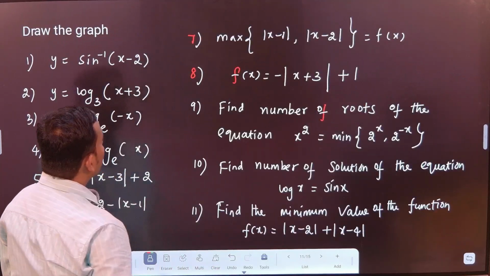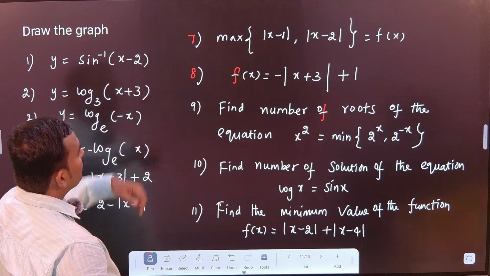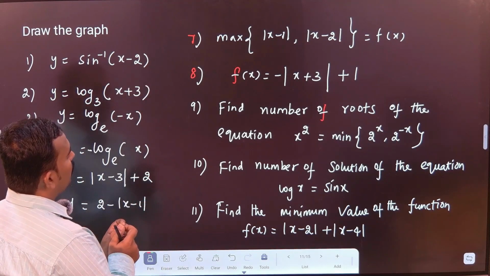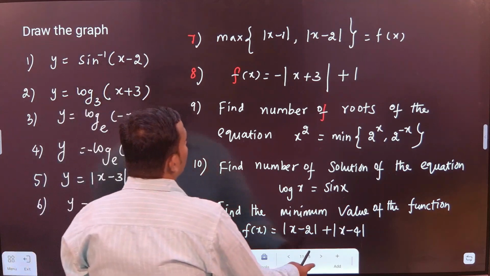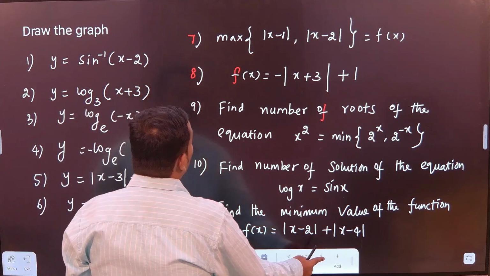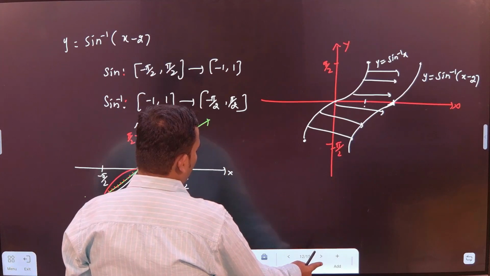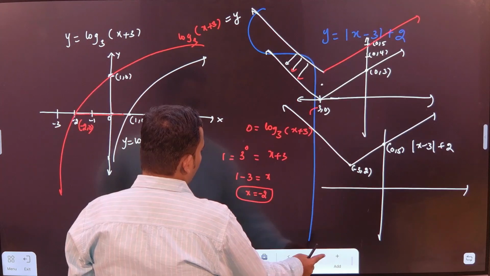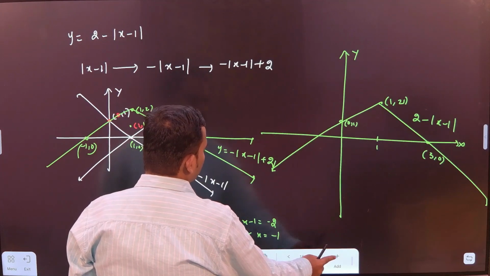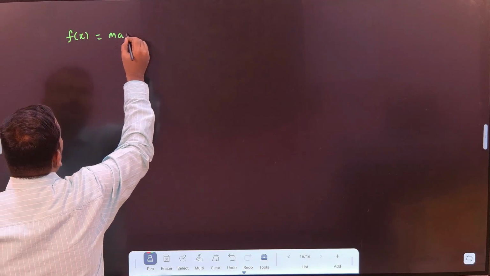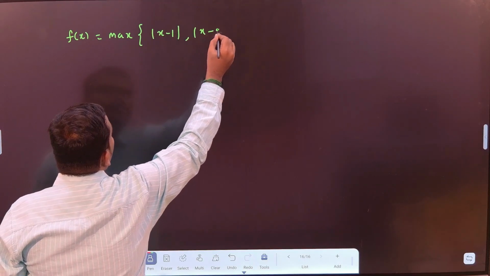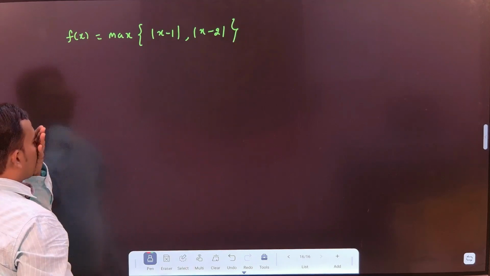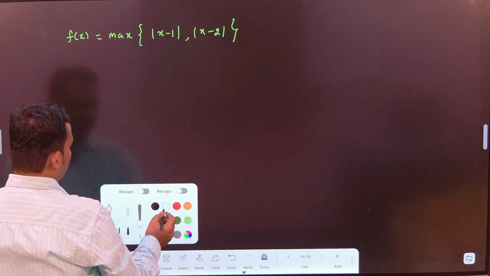Okay, what is the graph? You can see f of x is equal to the maximum of mod x minus 1 and mod x minus 2. How to do this? How to draw the graph first?